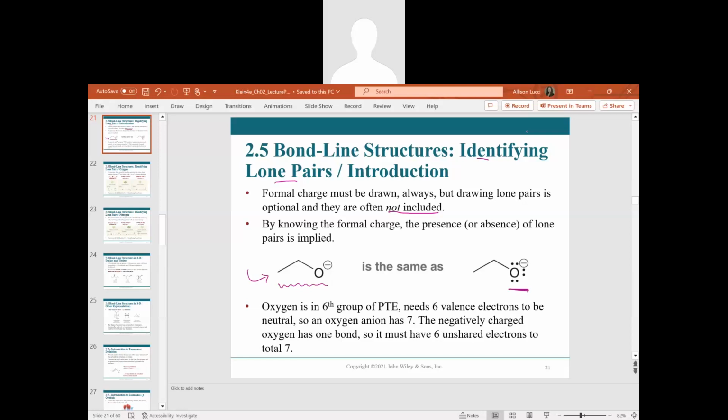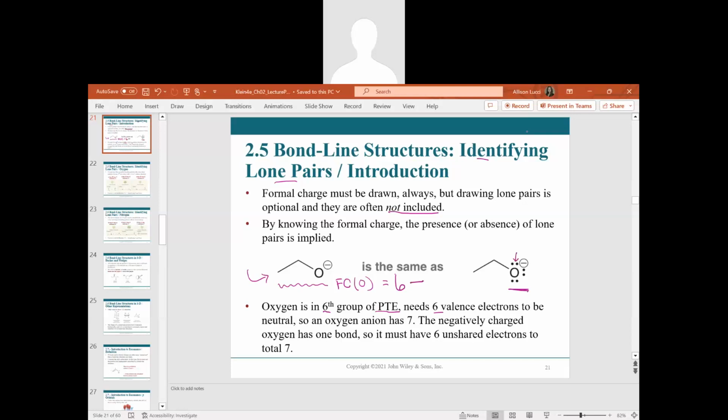And if we wanted to confirm this with a calculation, we know that our formal charge, for O here, we can solve by the number of valence electrons. So 6th group of the periodic table, 6 valence electrons to be neutral. So 6 minus, it has the 1 bond and 3 lone pairs.